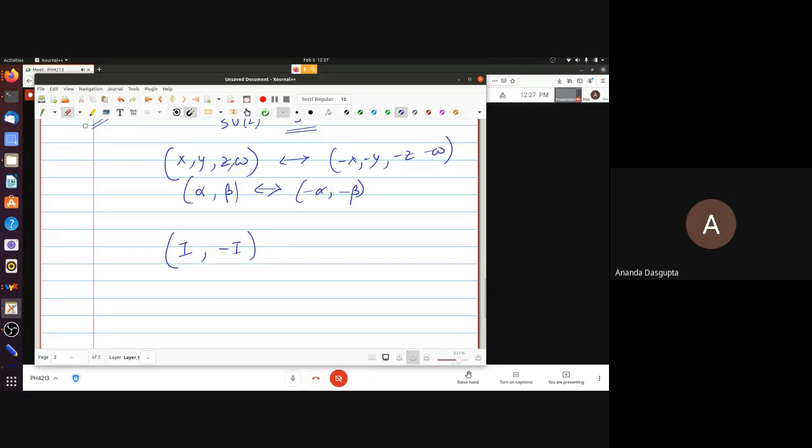Okay, I keep on making this mistake. There are 2 elements in your center, I and minus I. And that means that every coset, no matter what SU2 matrix you take, let's say U is an SU2 matrix, the coset actually has 2 elements, U and minus U. Of course, if you go by the S3 representation, the 3-dimensional sphere version, then U is a point on the surface of the sphere, minus U is a point which is exactly the antipodally opposite point.